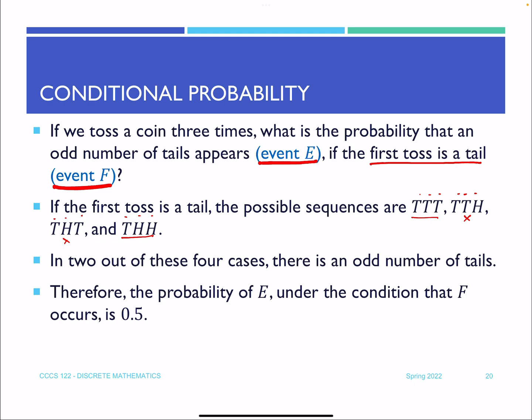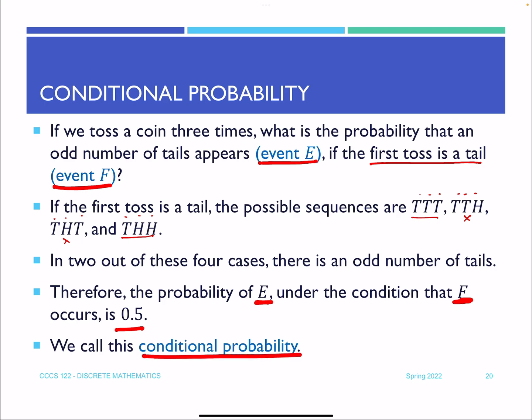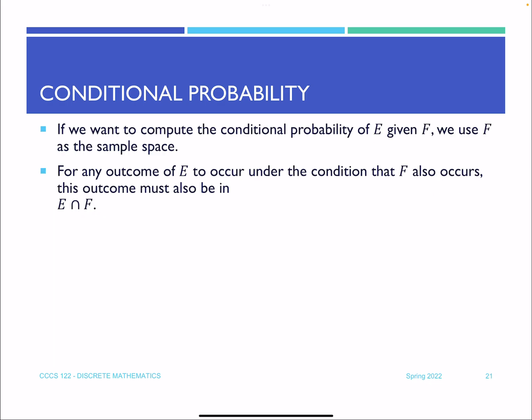And so the probability of event E happening, given that F has already happened, is 0.5. This kind of probability is called conditional probability, where something random has already happened, and we're talking about events coming after that.